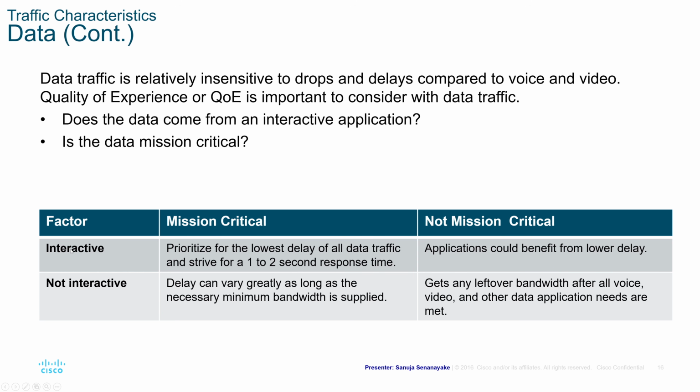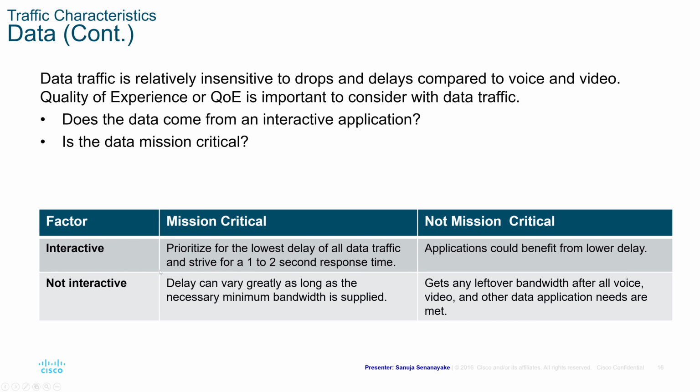If it is interactive and mission critical, you need to prioritize for the lowest delay of all data traffic and strive for a 1 to 2 second response time. If it is interactive but not really mission critical, then the applications could benefit from a lower delay.